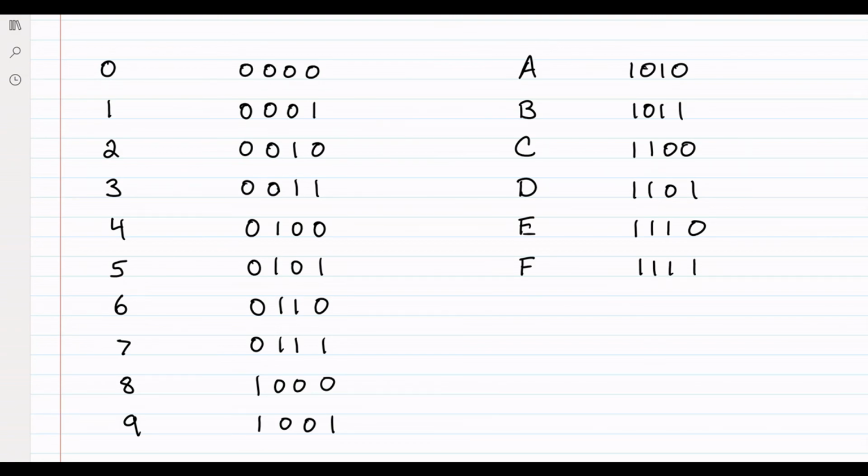Okay. So why does this benefit us? It's because if you can write your binary number in nibbles, then you can just read off the hex value to it. So if you wanted to say convert, let's say the binary number is 0, 1, 1, 0, 1, 0, 1, 1, 1, 1, 0, 1.